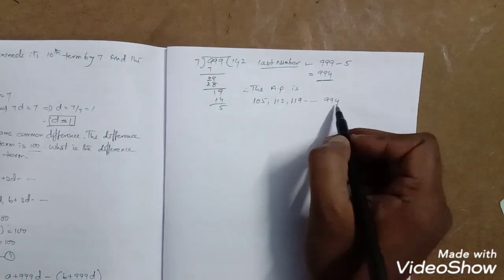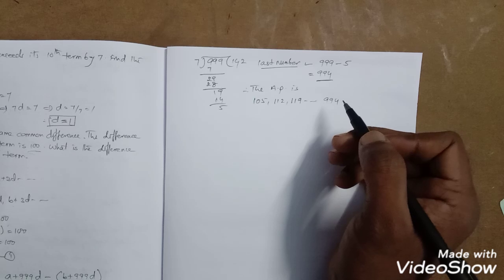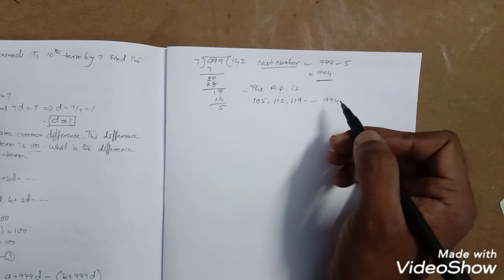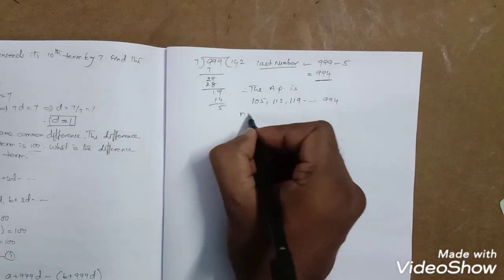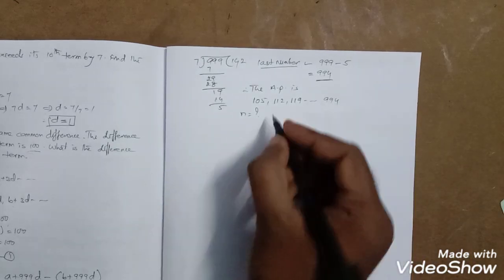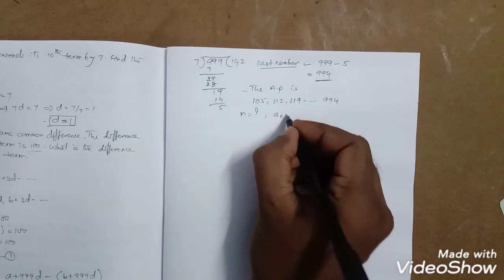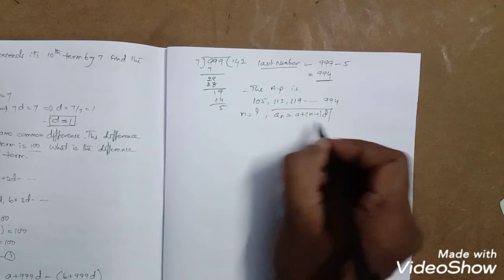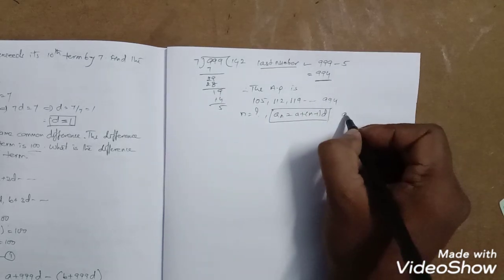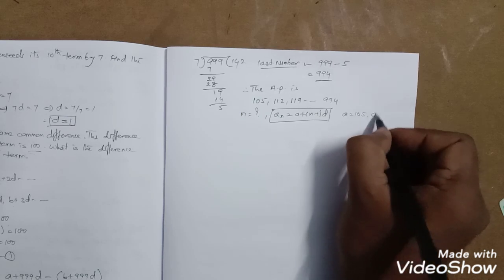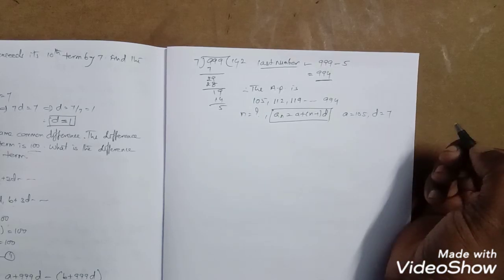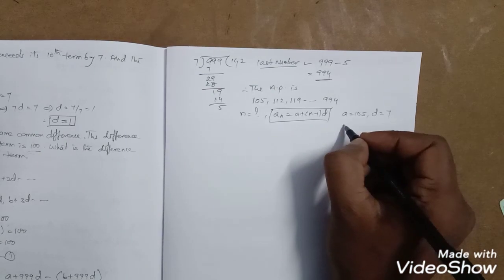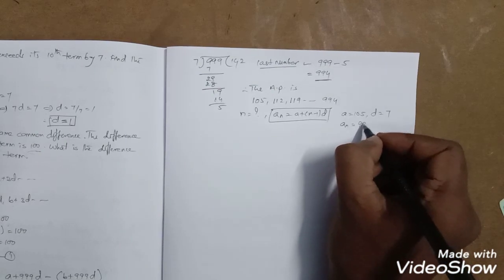So after getting the series, you have to find how many numbers are divisible by 7, means you have to find the n value. To find the n value, your formula is an is equal to a plus n minus 1 into d, right, where a is nothing but 105 and d is nothing but 7, that is common difference is 7, and the last term, that is an, is given as 994.